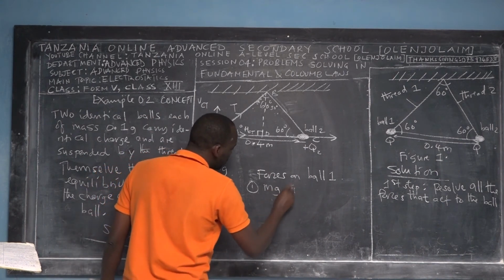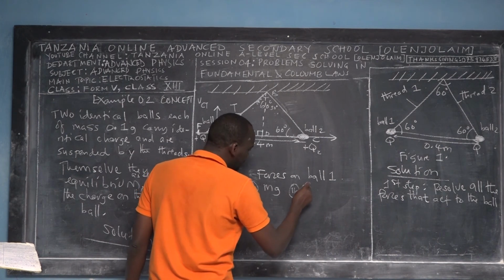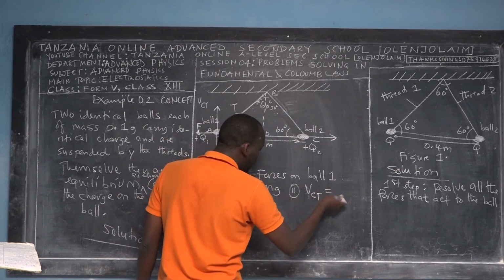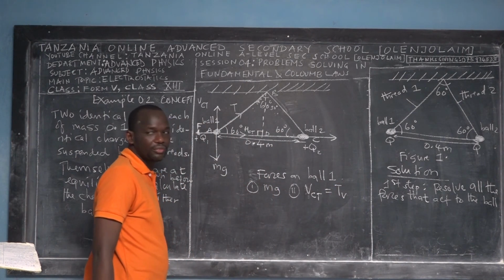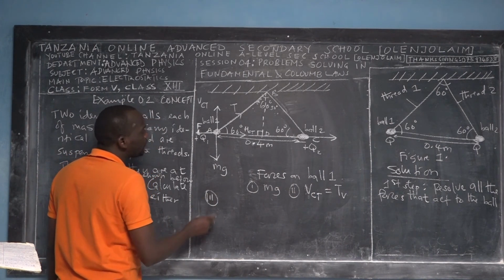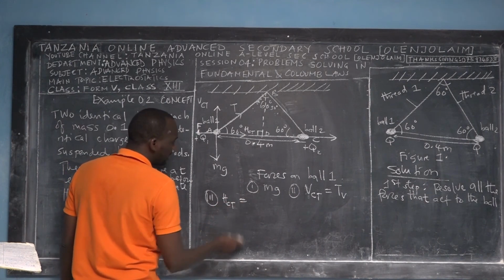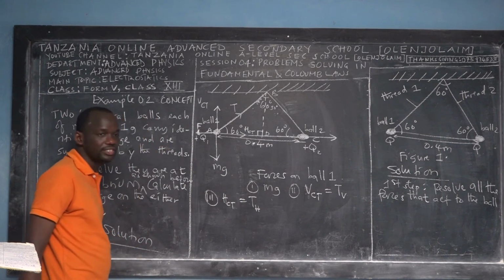The second force is the vertical component of the tension, or you can call it the vertical component of the tension of the thread. And then another force we have is the horizontal component of the tension of the thread.